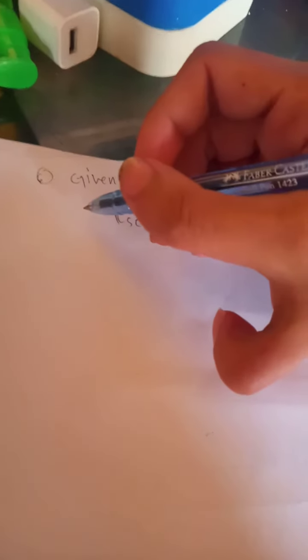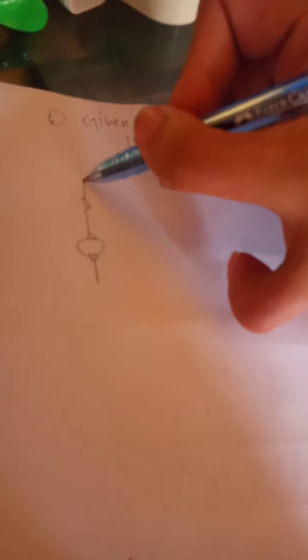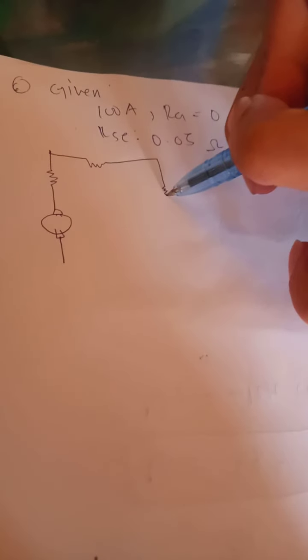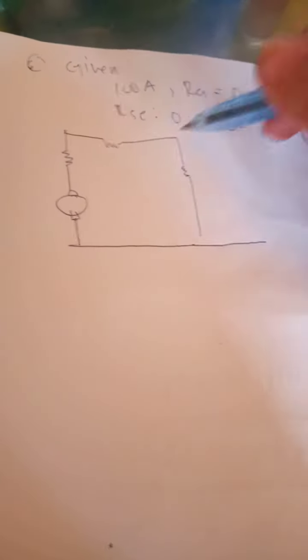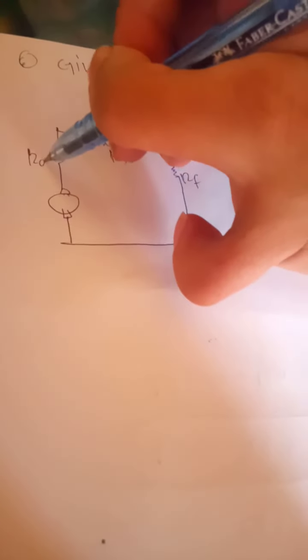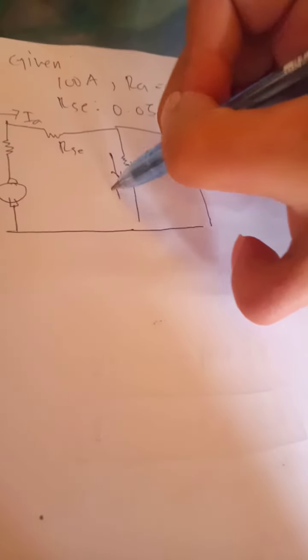Now let's construct the circuit. This is our VL, our RF, this is our RSE, armature current, then our RA passing here, IF, then our IL.